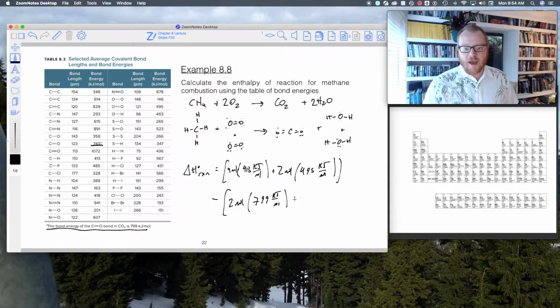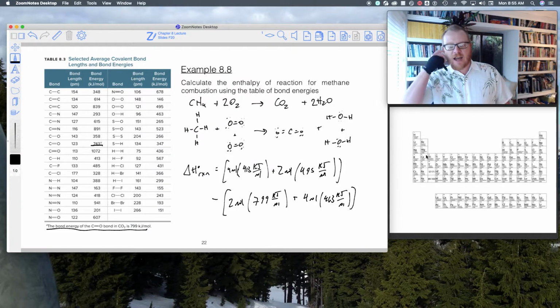Okay, and then now that's plus 4 oxygen-hydrogen bonds, right? Each H2O has 2 moles of oxygen-hydrogen bonds, but we have 2 moles of H2O to give me 4 in total. So now an O-H bond, there it is, 463 kilojoules per mole.